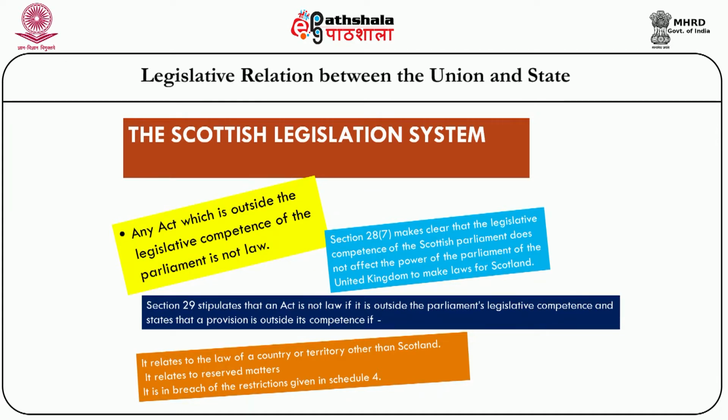To make it more clear, we have to discuss section 28, clause 7 of the Act, which makes clear that the legislative competence of the Scottish Parliament does not affect the power of the Parliament of the United Kingdom to make laws for Scotland.